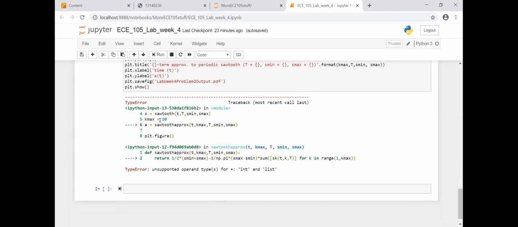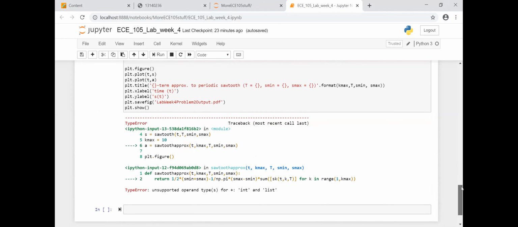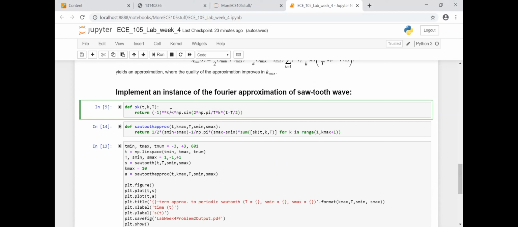Let's see. Okay, let's go up and take a look at the functions. -1 to the power k divided by k. Can you make it star 1? Yeah. Put a star and then 1. Yes.